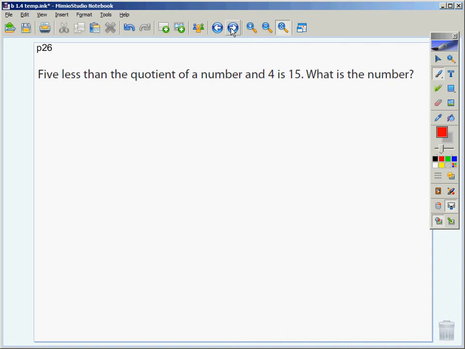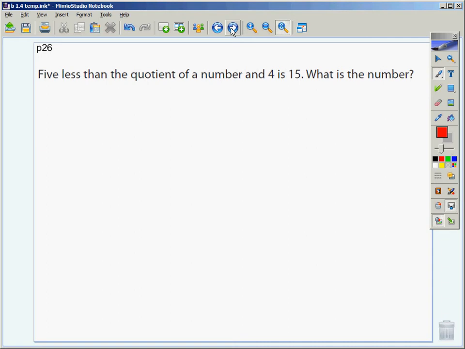I picked this because even the complicated ones include words like this. And we've got to learn how to get from something that's worded mathematically into an equation.